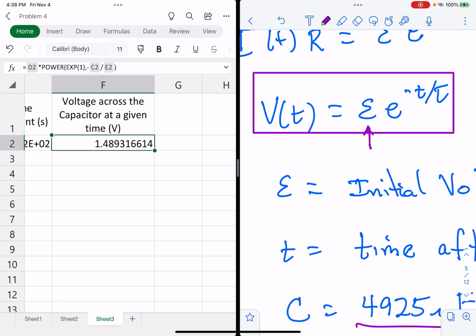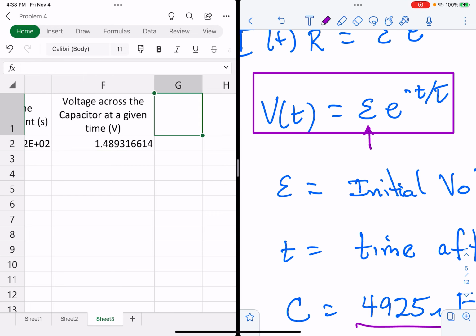The next thing that we want to do is calculate the current going through the resistor. Notice that the capacitor and the resistor are in series in this particular case.